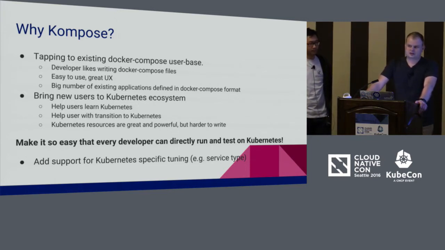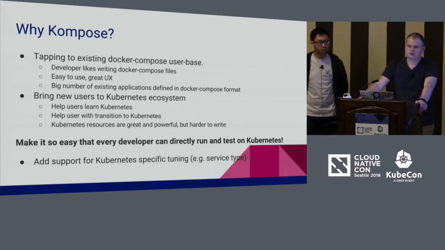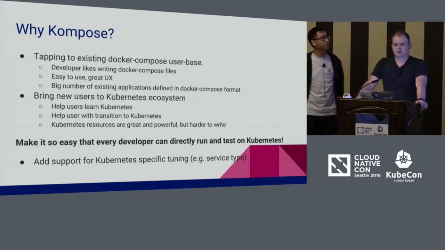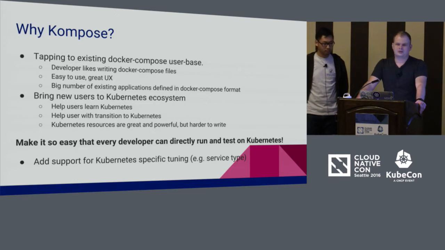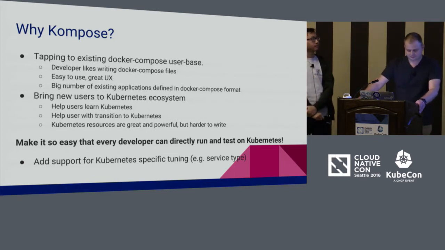Learning Kubernetes resources can be a little bit hard because they are much more powerful than Docker Compose files. For someone who is just starting with Kubernetes, the complexity of Kubernetes resources might be a little bit intimidating. So Kompose can convert Docker Compose files to Kubernetes, and users can see how different definitions in a Docker Compose file relate to Kubernetes and learn more about Kubernetes in that way.